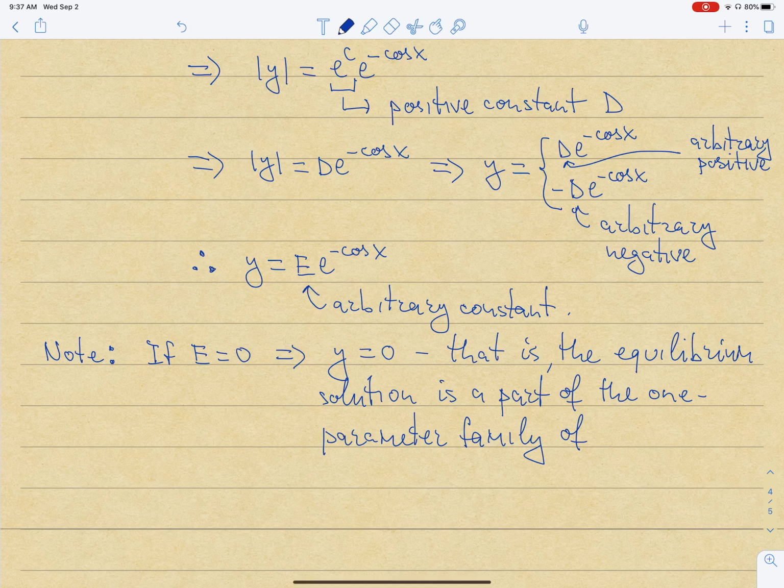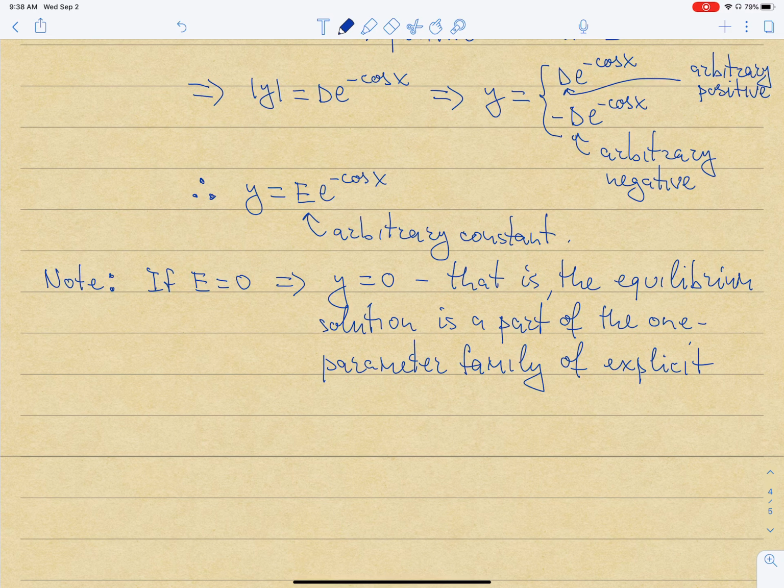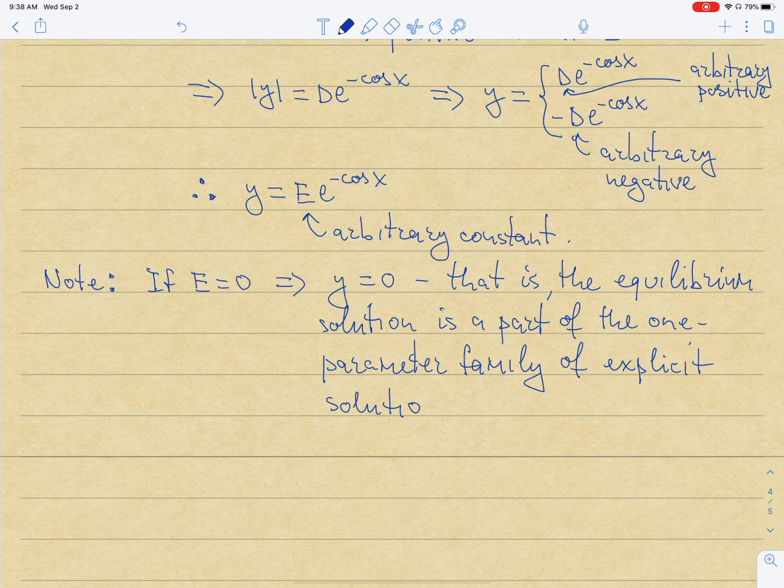So you don't need to consider equilibrium solutions as being separate from the one parameter family of solutions. But that is only if you solve for explicit solutions. And by the way, this is also not universally true.